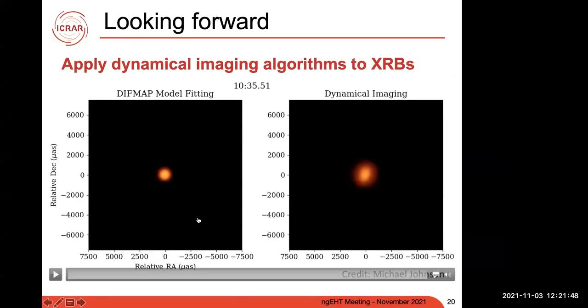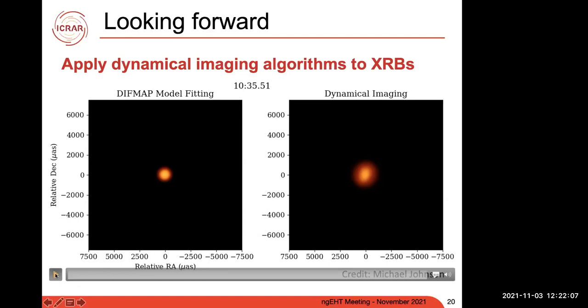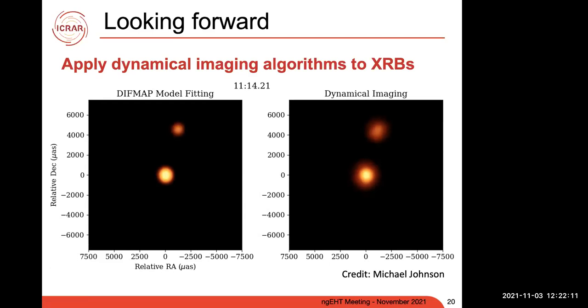Michael's also run some dynamical imaging algorithms on the data. So on the left, I'm going to show you the positions of the model fitted components from our DIFMAP work, from which I showed you the movie earlier, with running dynamical imaging on the same data set. These two show very, very similar features.